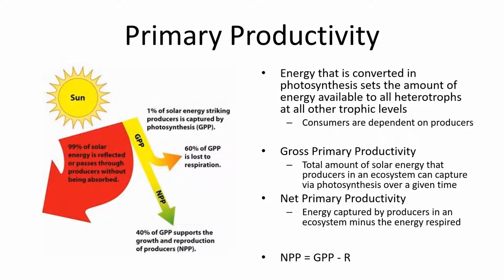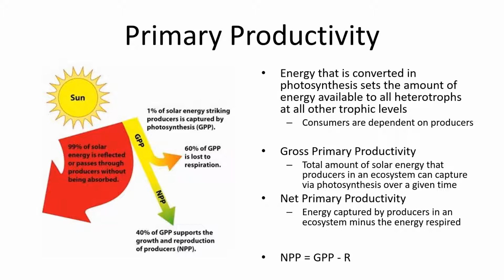So we look at gross primary productivity, and that's the total photosynthetic rate, looking over a certain amount of time, whereas the net primary productivity is actually what's super important. I mean, it's all important, right? But what we really want to look at is this, because this is what takes into account the respiration that producers undergo.